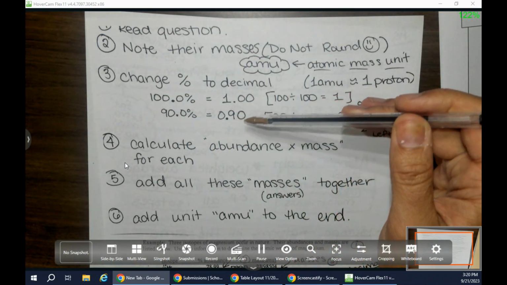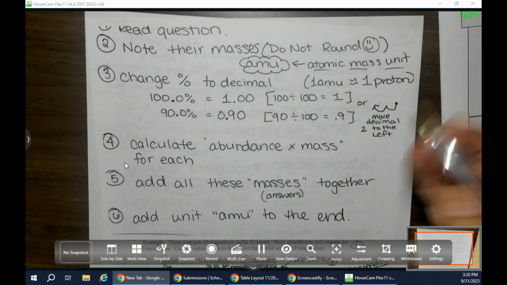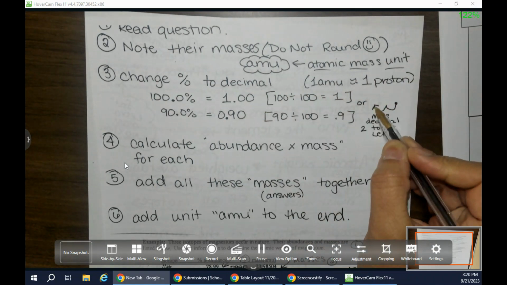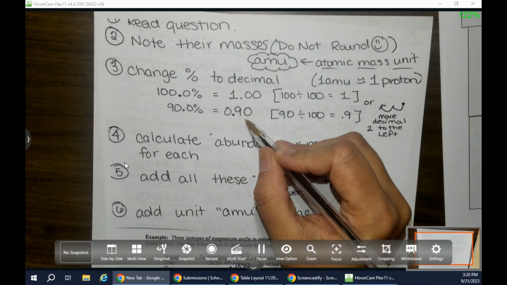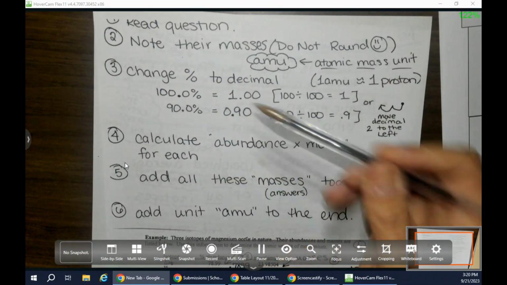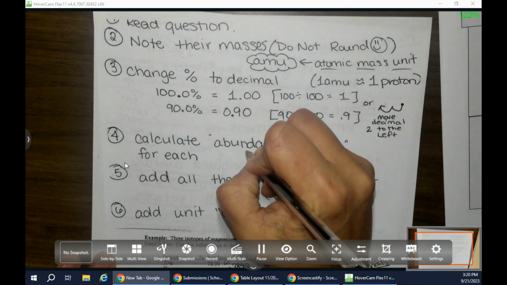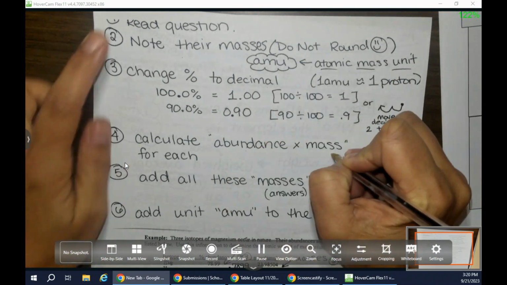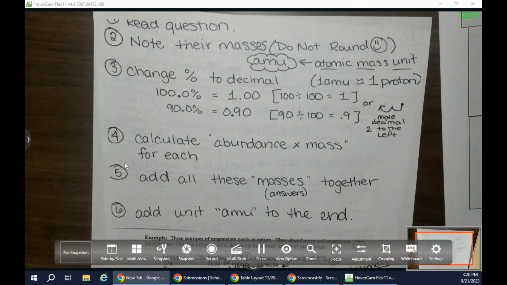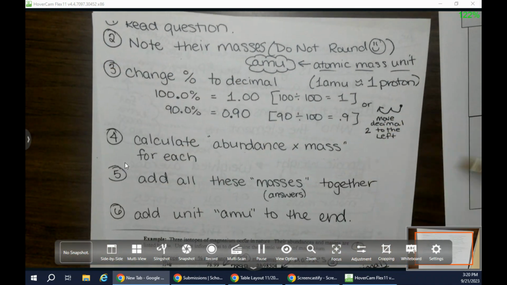Percent means out of 100, so all you're doing is dividing by 100 or moving that decimal 2 to the left. So 90% becomes 0.9. You're going to calculate abundance, the percent, times the mass. You're going to multiply. Those answers that you get, you add together. That's the periodic table number.